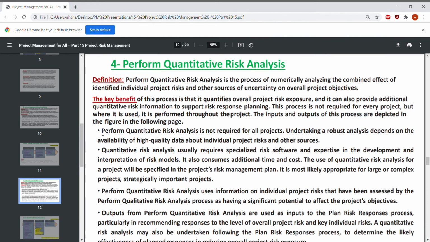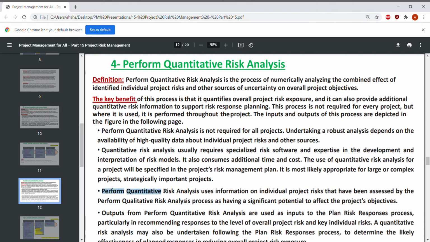Some notes on this process and some key concepts. Perform quantitative risk analysis is not required for all projects. Undertaking robust analysis depends on the availability of high quality data on individual project risks and other sources. This process usually requires specialized risk software and expertise.